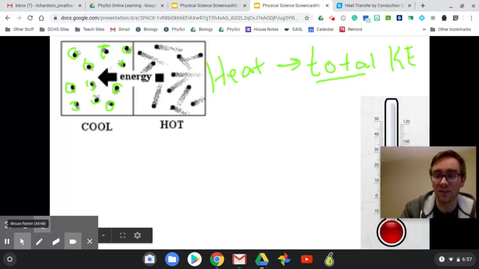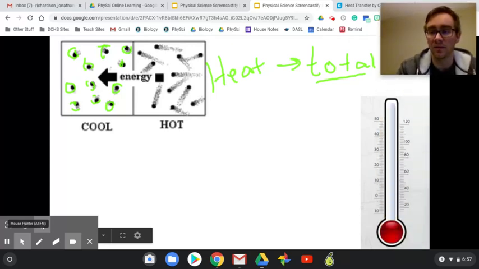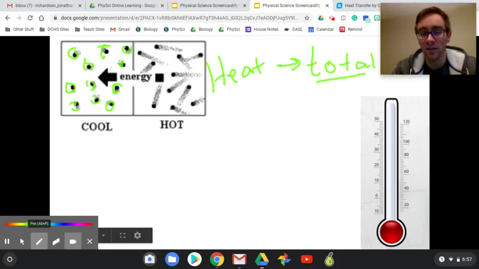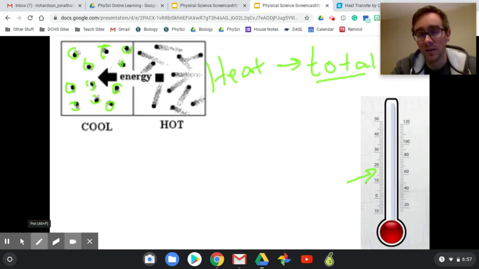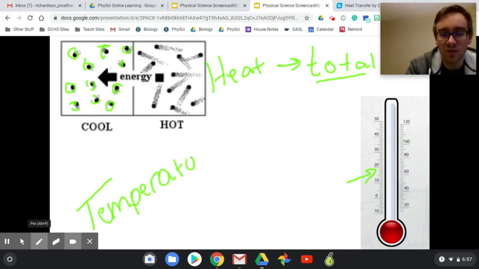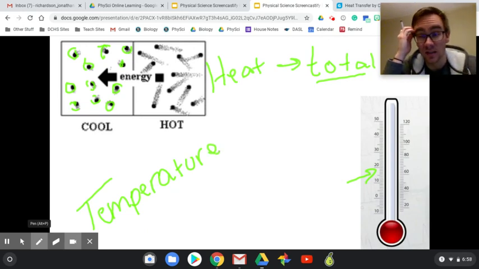Now that is different from temperature. Heat energy is total energy, and a lot of people confuse it with thermal energy or temperature. Temperature is a different measurement, and it's a more valuable measurement when we're using things day to day.